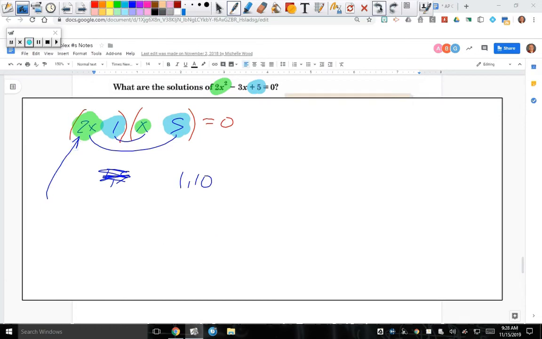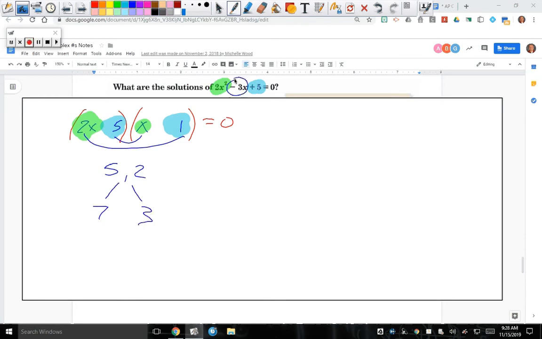So maybe, since 1 and 5 are the only factors, maybe I was supposed to switch them up. I'm modeling exactly how I hope that you factor on the test and quiz, okay? So now I have a 5 and a 2, which will either give me a 7 or a 3. Look at that. It works.